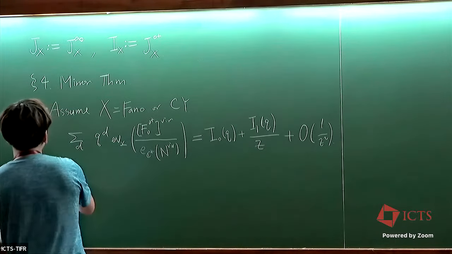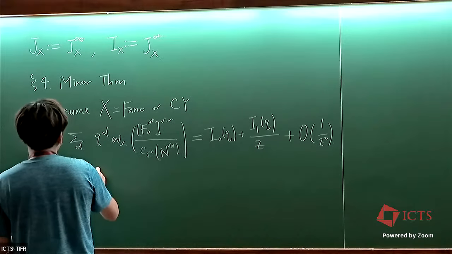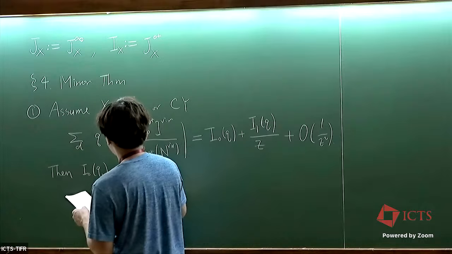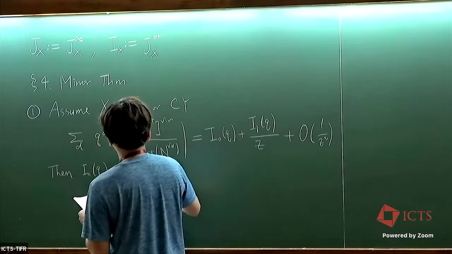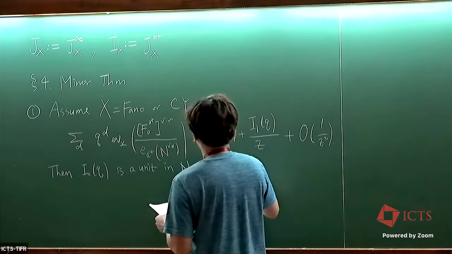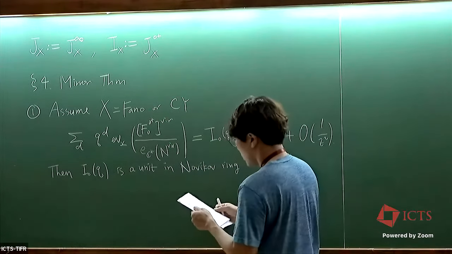Then this I0(q) is an element in the Novikov ring, and this is a unit.